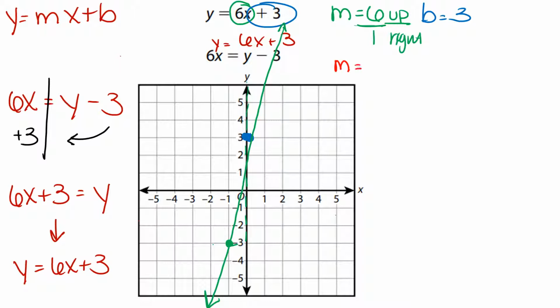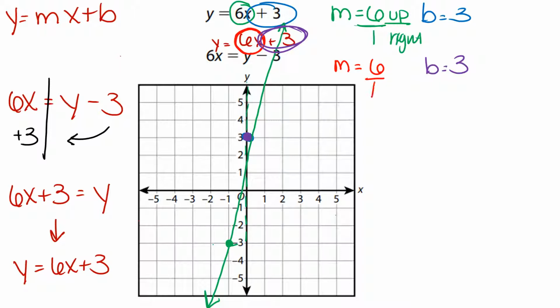For our second equation, we're looking at what we've created. Our m value is going to be this 6. And our b value is going to be the plus 3 at the end. We graph the b value first. So we start at a positive 3, starting in the same location.